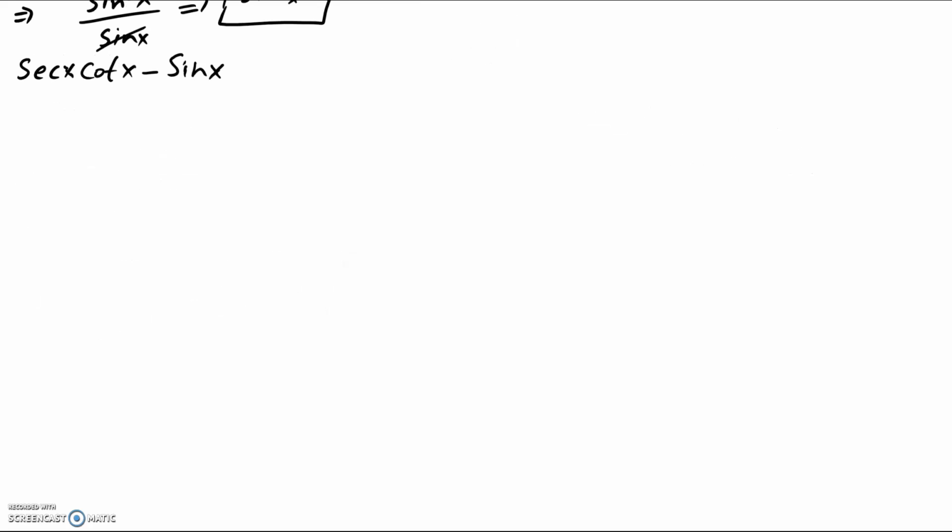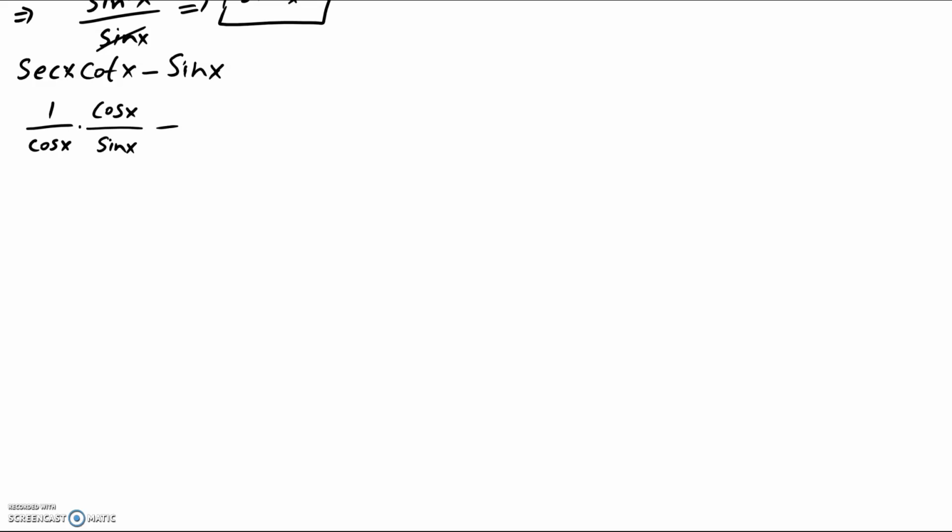Alright, now we have this expression secant x cot x minus sin x. Now look, again secant x I am going to change into sine or cos form. It's going to be 1 over cos x. Don't forget those identities. Cot x will change into cos x over sin x minus sin x.